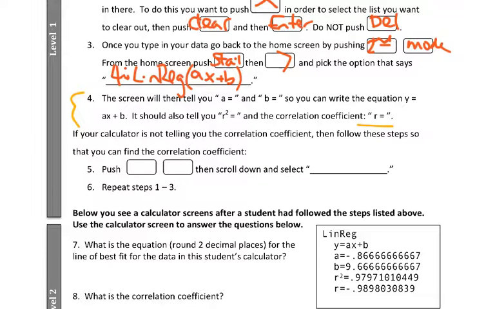From your home screen, push second 0, scroll down until you find DiagnosticOn, push enter, and then go back up and follow the steps that we had written before.